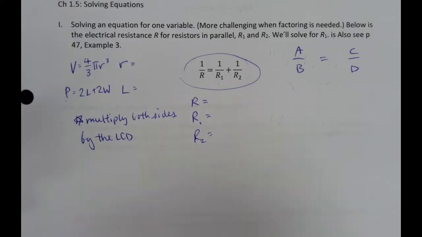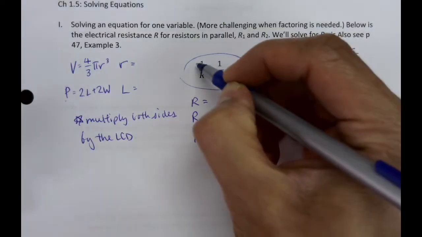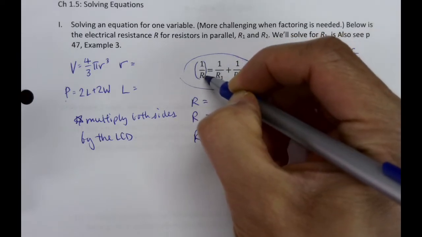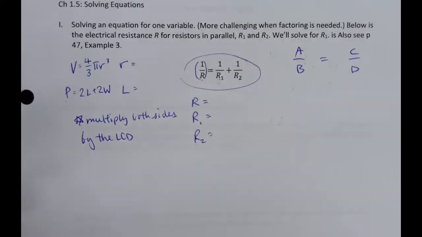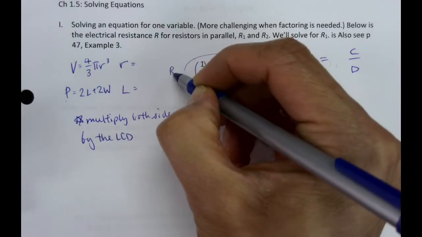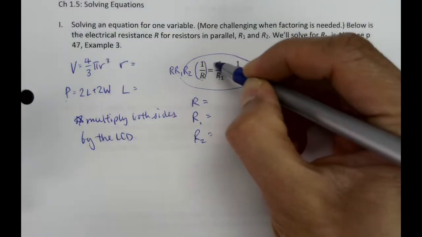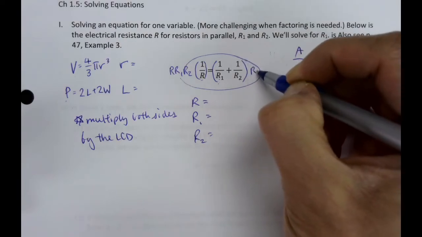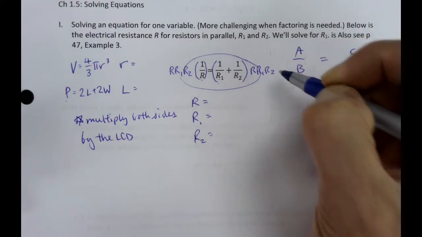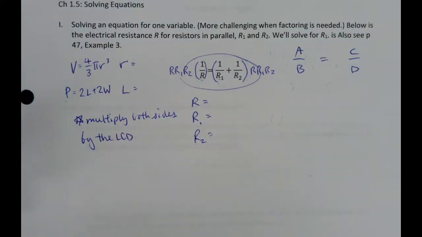All right, so this is similar. So in this case, I'm going to multiply both sides by, and since these are all different, the least common denominator is simply going to be all three of them. So I'm going to multiply both sides by r, r1, r2, right, all three of those.